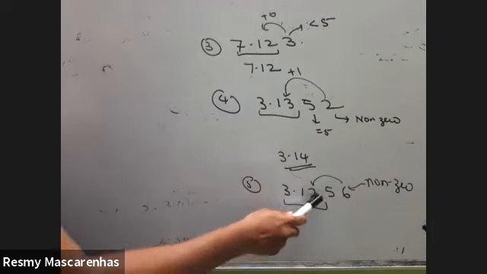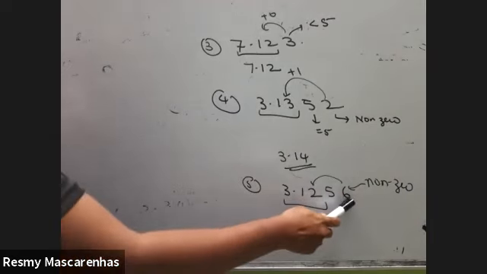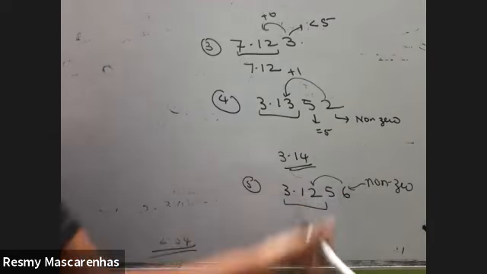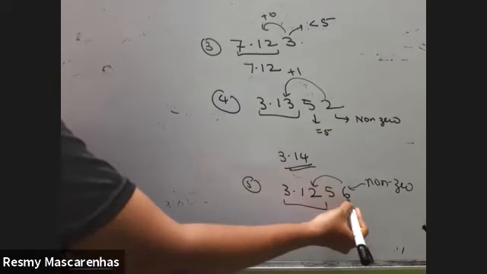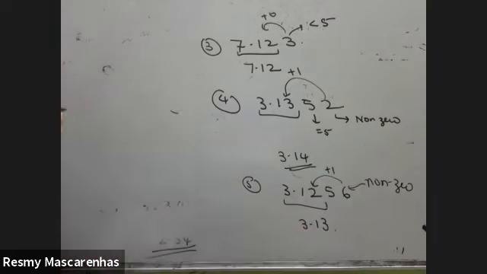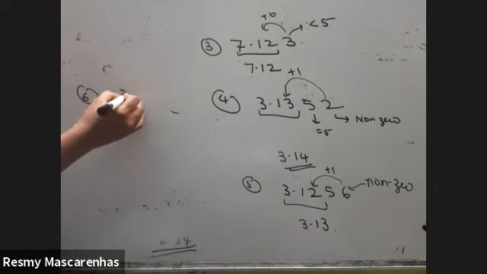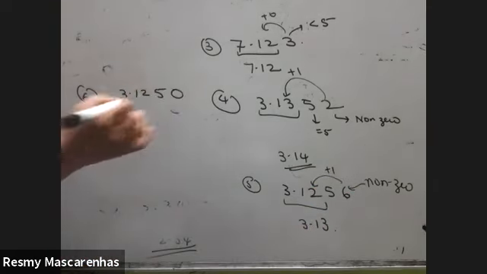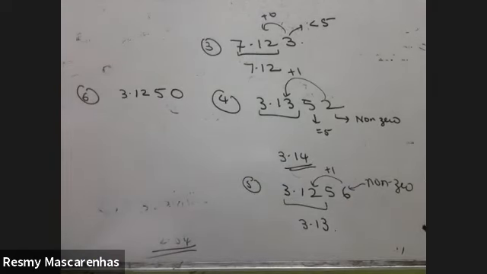You only come back to check whether this is odd or even if there is 0 here or no number. Otherwise, if there's a number after 5, straight away it is plus 1. What will be this?